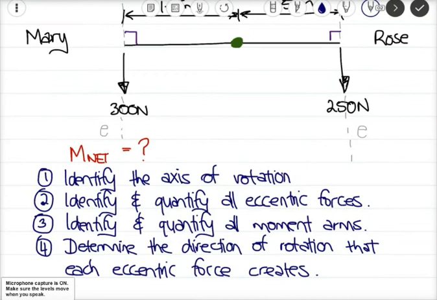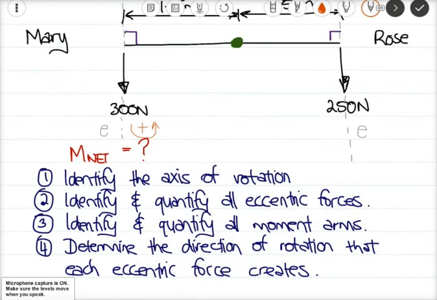On the left-hand side, the force is pulling downwards, which means that the seesaw is likely to rotate anti-clockwise. The downwards pulling relative to the axis of rotation means that it's going to create an anti-clockwise moment.